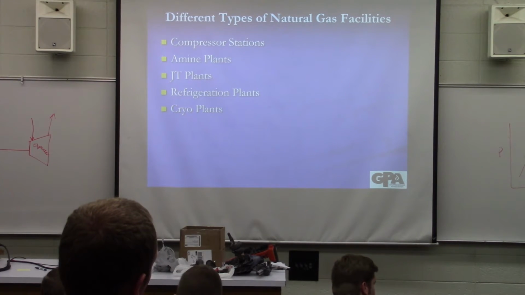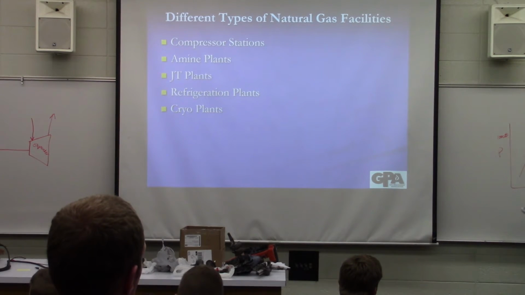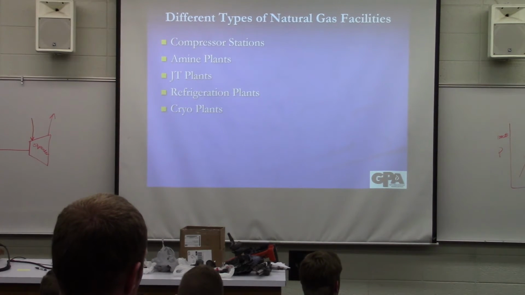Let's say you're at 1,000 pounds here, and you're completely a gas, right? You start dropping your pressure until you get to here, and then what happens? As you keep expanding, you're separating into liquid and gas.